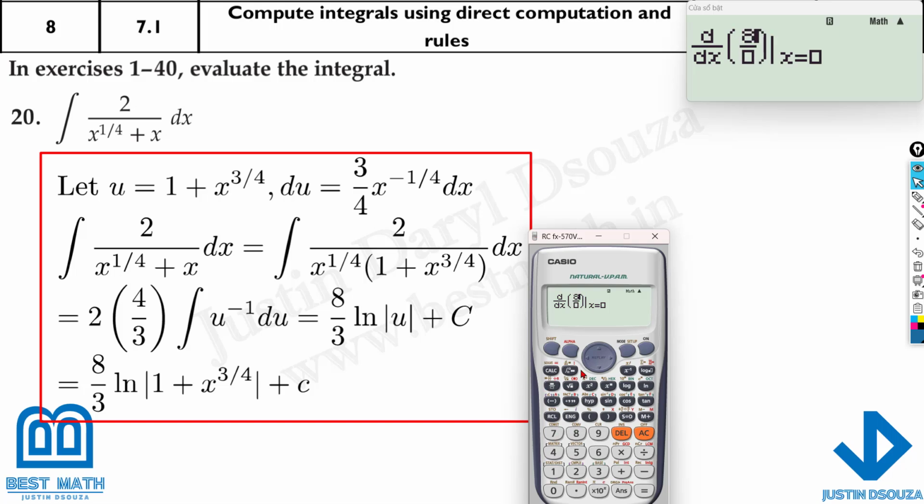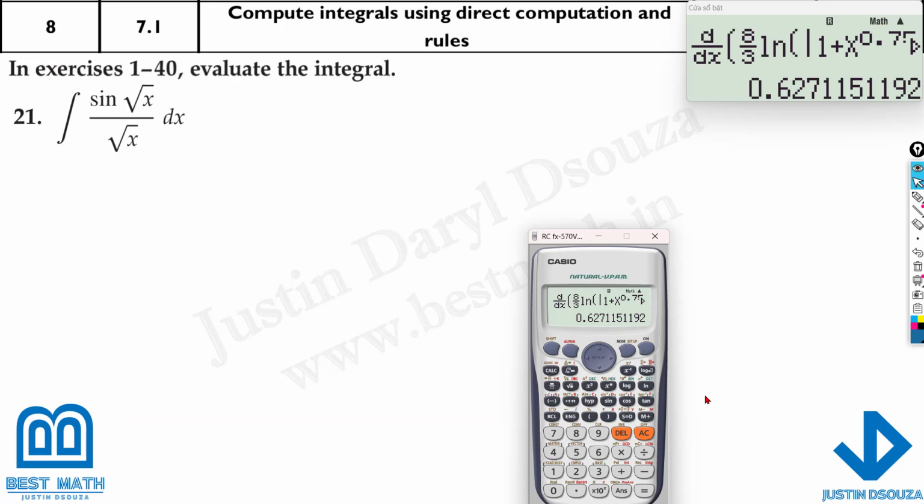So here we have 8 by 3 and natural logarithm of shift and hyp, and now we can write 1 plus x to the power 3/4, that is 0.75. And that's it. We need to go next of the absolute value, and then close the bracket, and then type in x is equal to 2, which is 0.627.